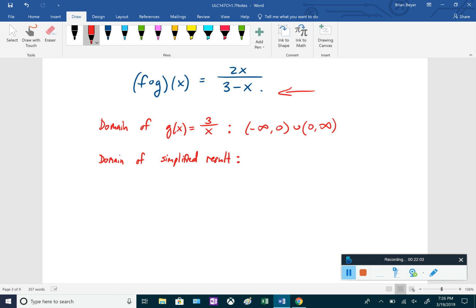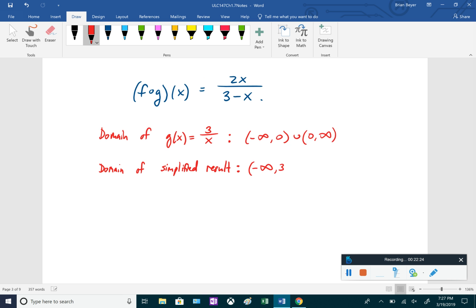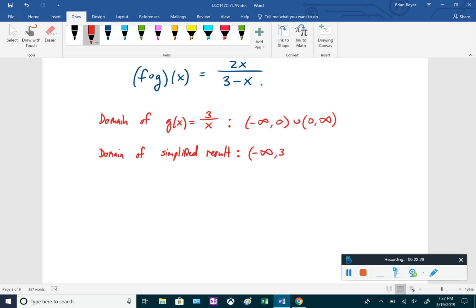That's a rational function, a polynomial over a polynomial. So the only value we can't plug in here is something that will make the denominator equal 0. If we plug in x equals 3, that'll make the denominator 0, which we can't do. So it's going to be all real numbers except for x equals 3. In interval notation, negative infinity to 3, union 3 to infinity.